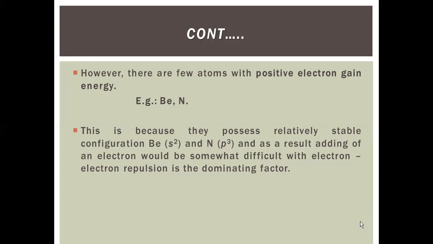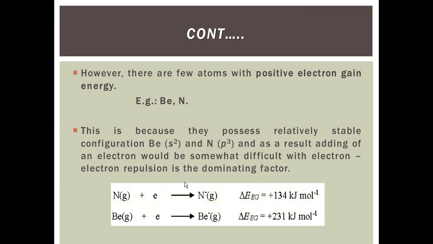Therefore, it is somewhat difficult to add an electron. If you add an electron, the electron-electron repulsion is the dominating factor. That's why this process absorbs energy, so the electron gain energy becomes positive for beryllium and nitrogen.